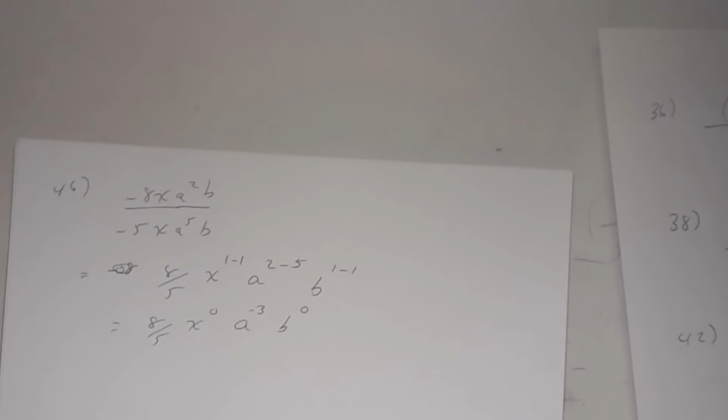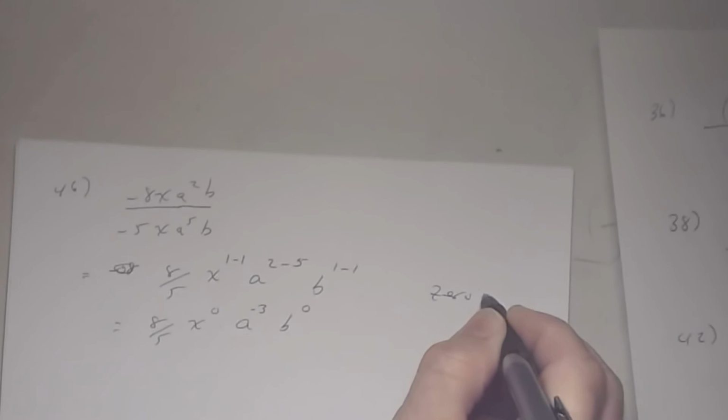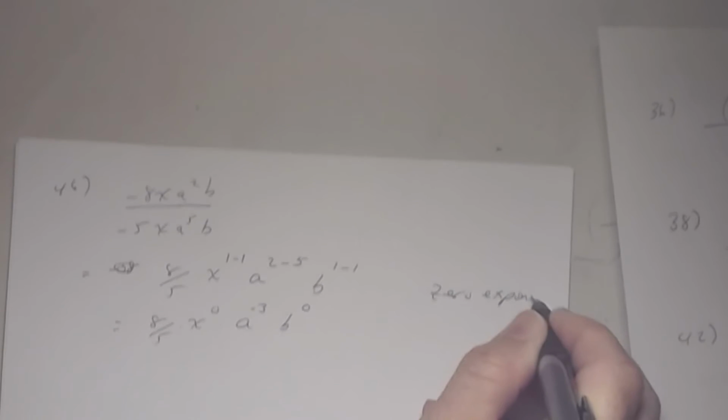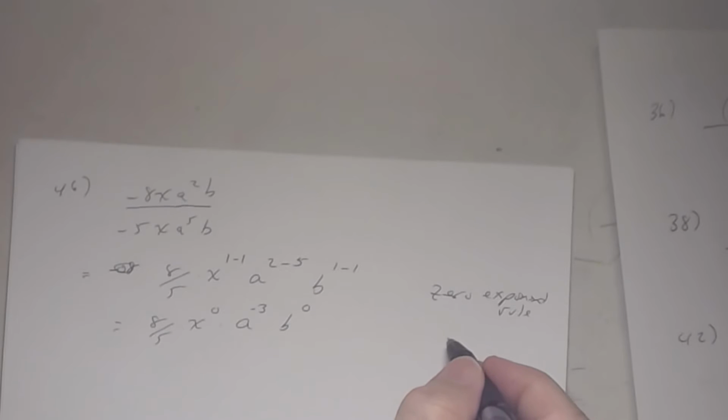Now let's talk about x to the 0. Do you remember what x to the 0 is? 1. Remember the 0 exponent rule. We talked about that, I think, last class period.